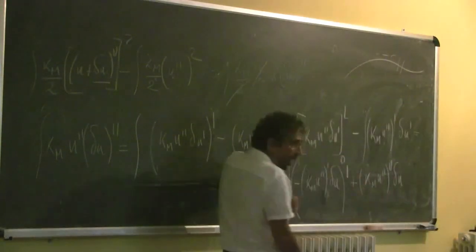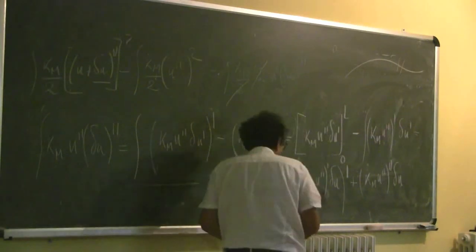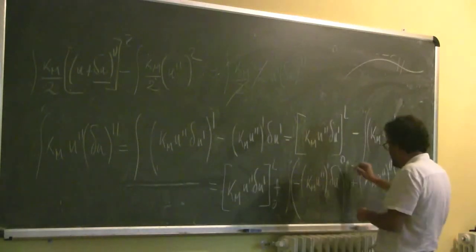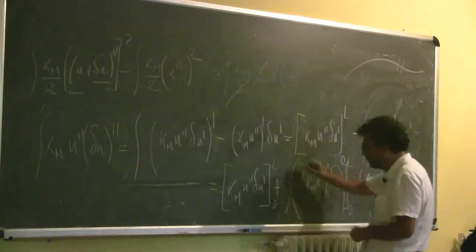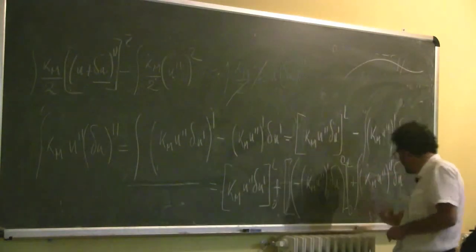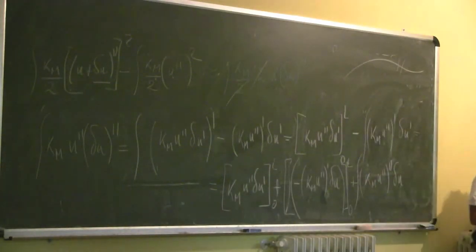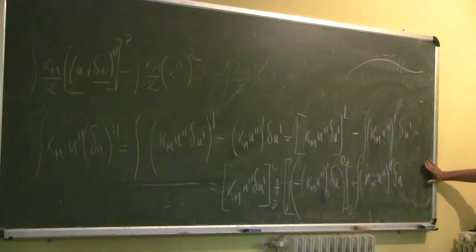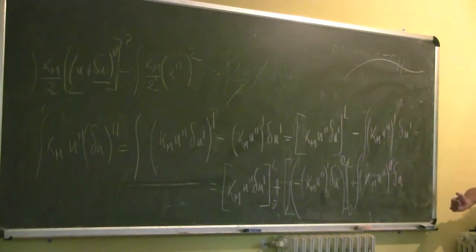Now, Torricelli again, and I get 0L, and I am left with this integral here. So the first variation of the deformation term of my total energy is given by this quantity. To this first variation, I must add the first variation of dead loads applied.